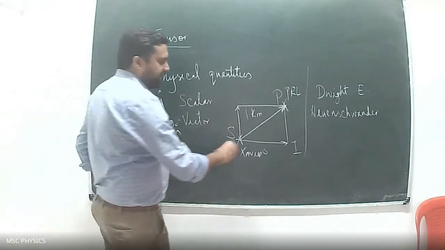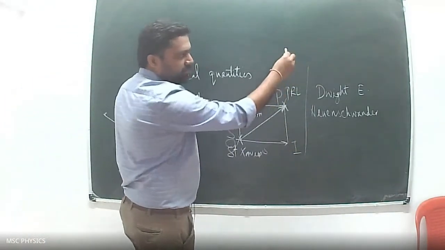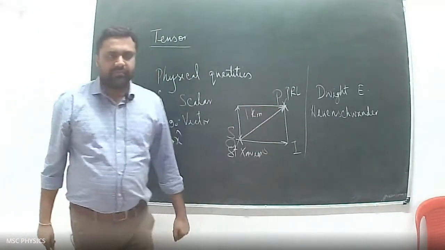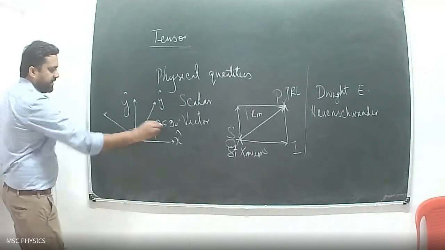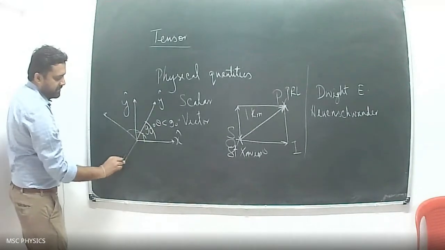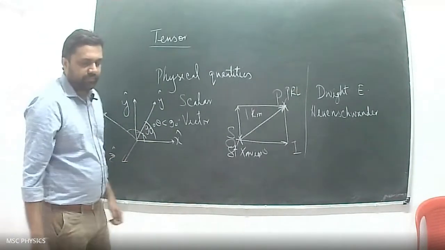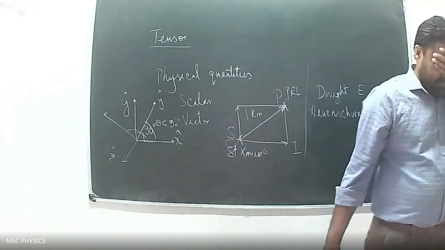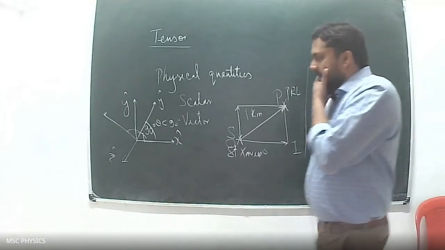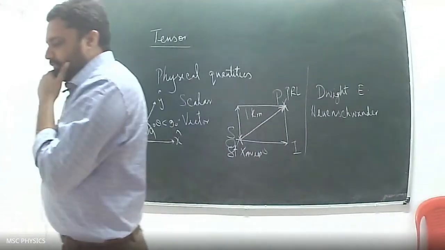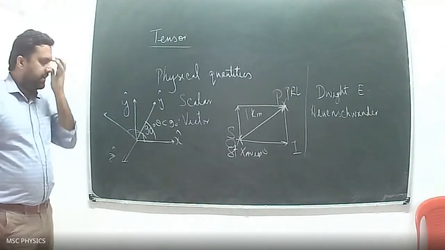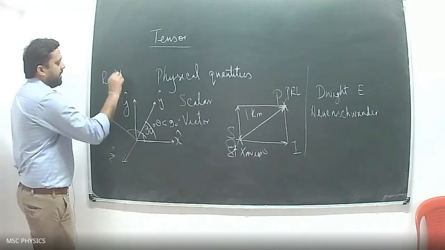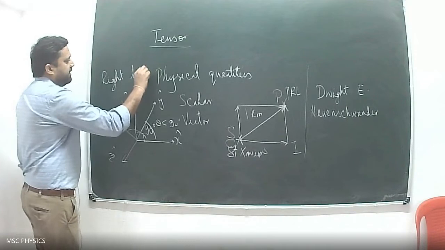I will move along x, along y, and then along z also to reach PRL, if it is out of this plane. So in addition to x, y, I will need another direction z, which is out of the plane, right? And then all of them should be at 90 degrees, and they should also follow the right hand rule. That is also right-handedness.